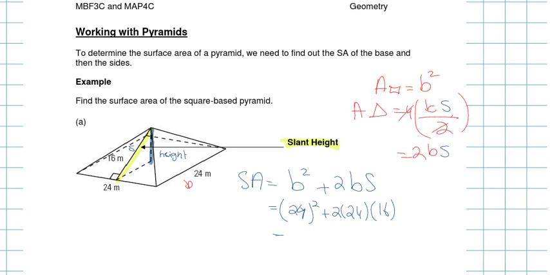And that will give you the surface area of this pyramid. And I got 1,344. Remember, it's surface area, so I have to use the unit squared.